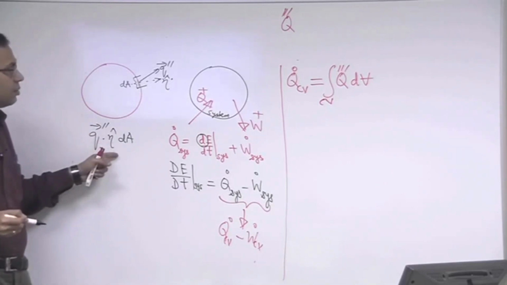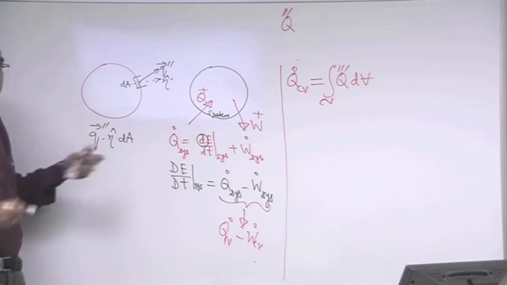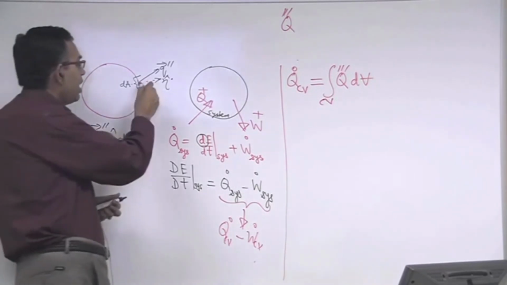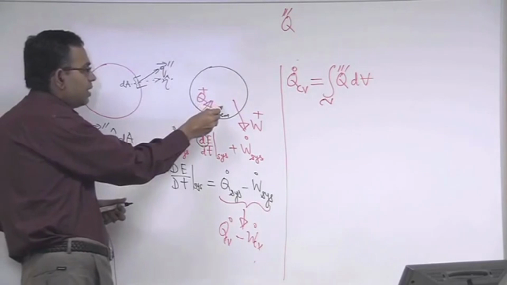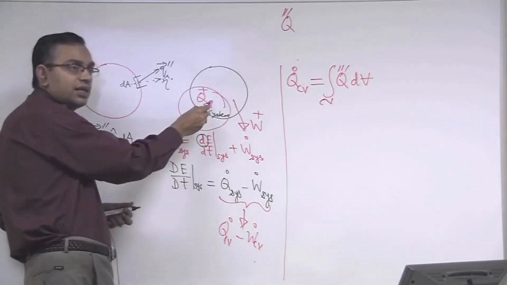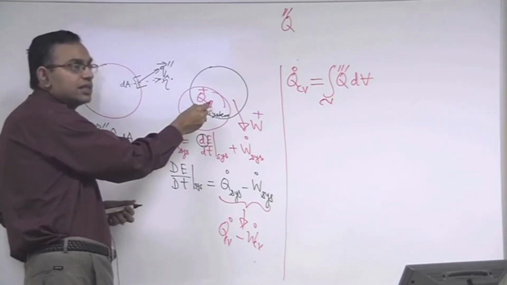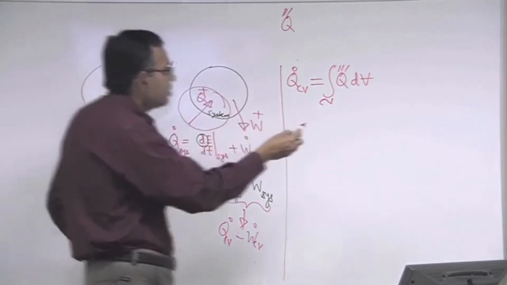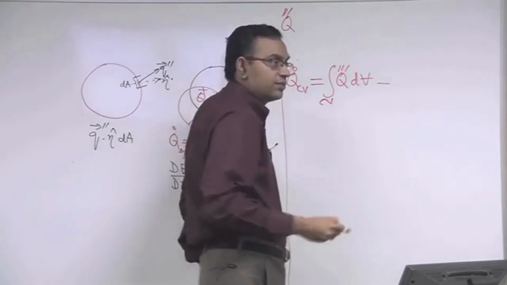So, we can integrate this, but we have to keep in mind one thing. Here positive heat flux is in this direction, but by the sign convention that we are using in the first law of thermodynamics, positive heat transfer is heat transfer to the system or to the control volume. To adjust for that, we use a negative sign here.